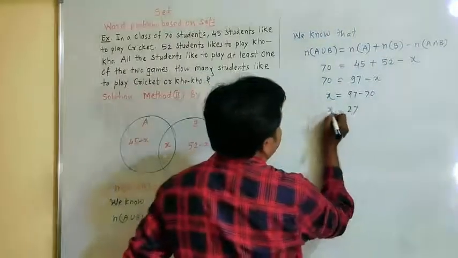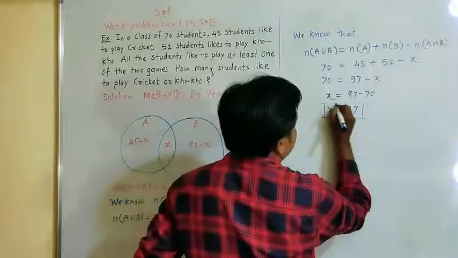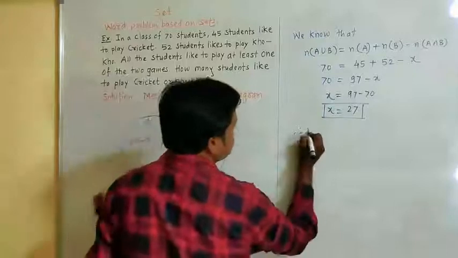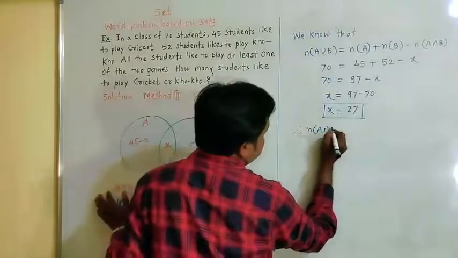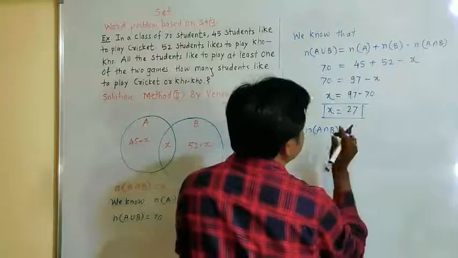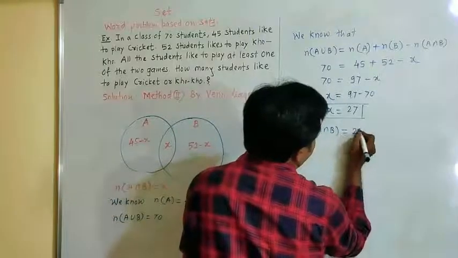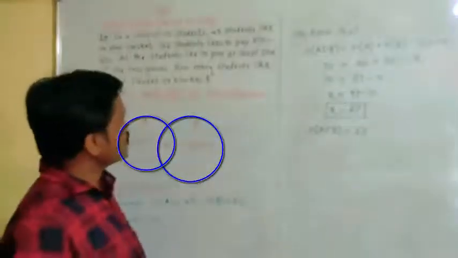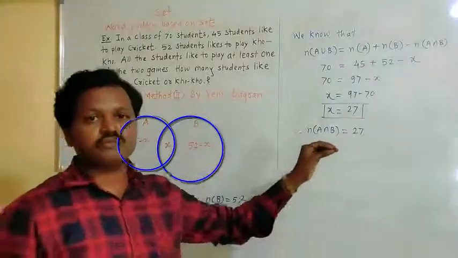So that is the value of X. Therefore n of A intersection B is equal to 27. So this is our answer for getting the students who play both games.